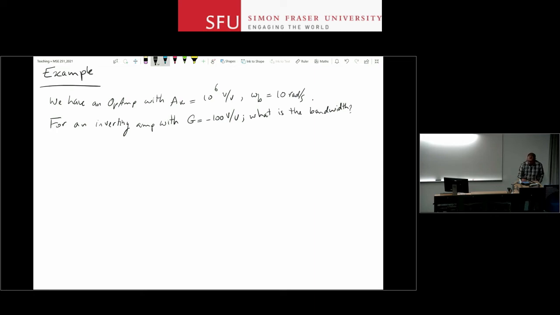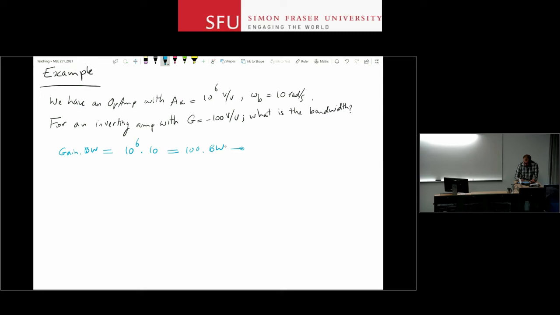Well, right now it should be easy for you to follow the discussion here. So we know that the gain bandwidth product is constant. At low frequencies, open loop, the gain is 10 to the 6, bandwidth is 10. And under this new configuration, the gain is 100, but we don't know the new bandwidth. Then we can easily calculate the bandwidth from here, right?